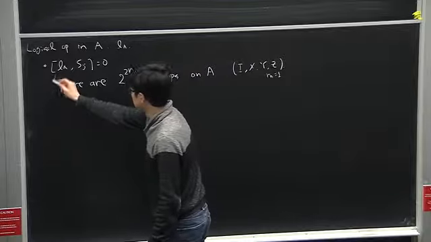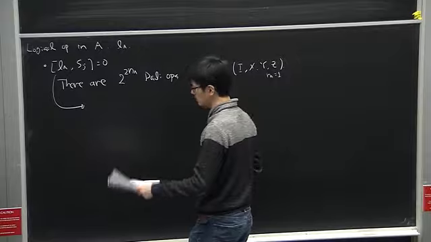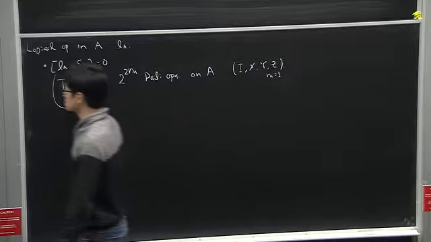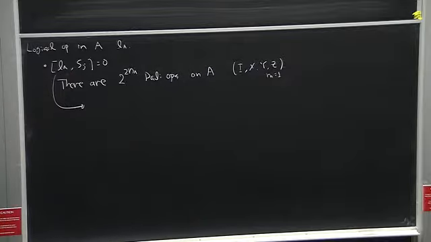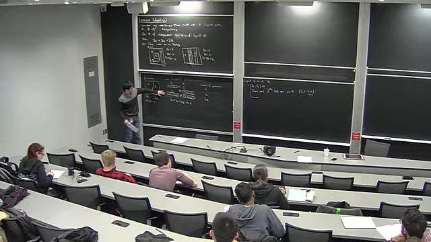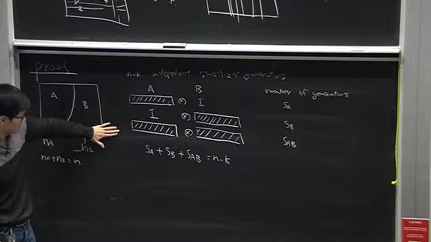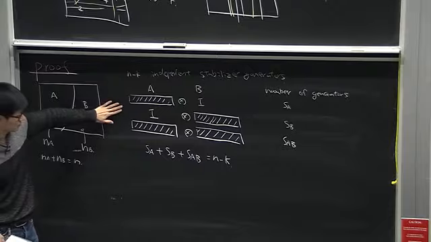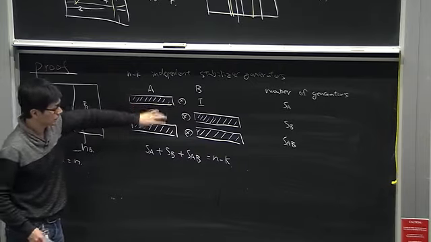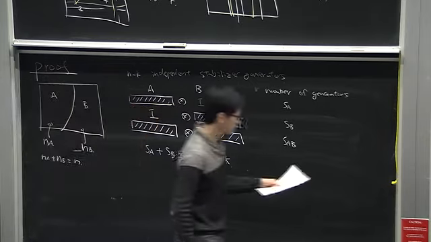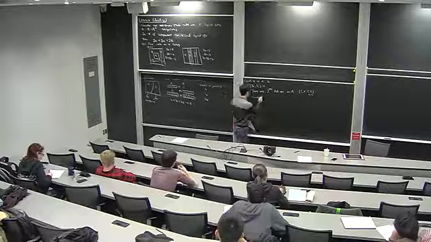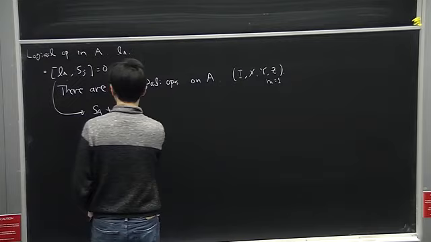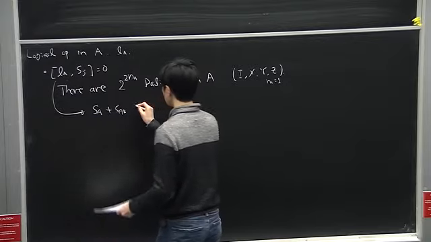But this constraint, so the point is that this constraint comes from these 2 operators that have support on A. So that is SA and SAB. SB, these guys do not do anything because it's an identity on A. Therefore, there are SA plus SAB constraints.